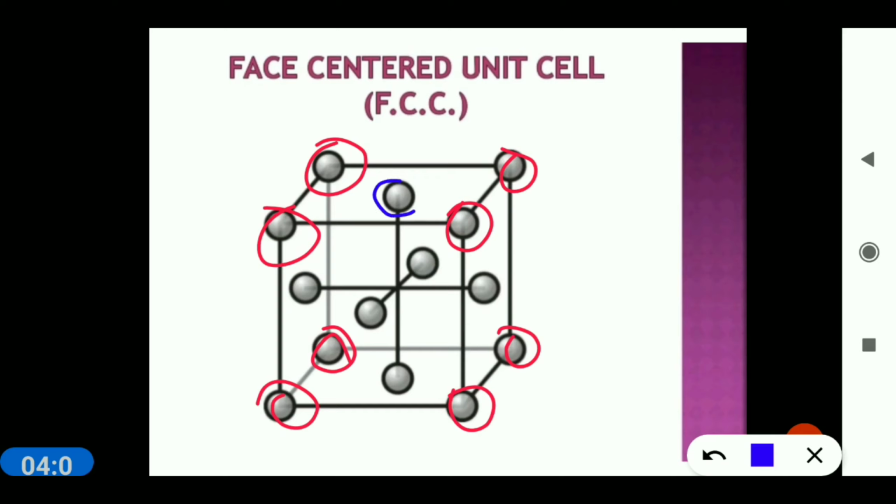So this is the upward blue color, downward at the center, right side, left side, back side, front side. So 6 faces are there. So 6 more constituent particles are present, one on each face.